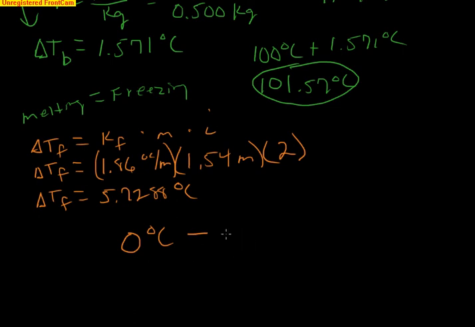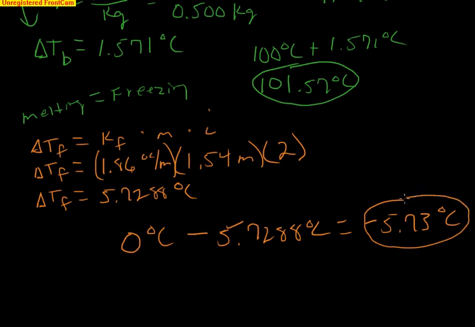So this is going to be 0 minus 5.7288 degrees Celsius. So once we do that, our answer is going to be negative 5.7, and I'll round to 3 here, degrees Celsius. So this is our new freezing point or melting point, however you want to say it.